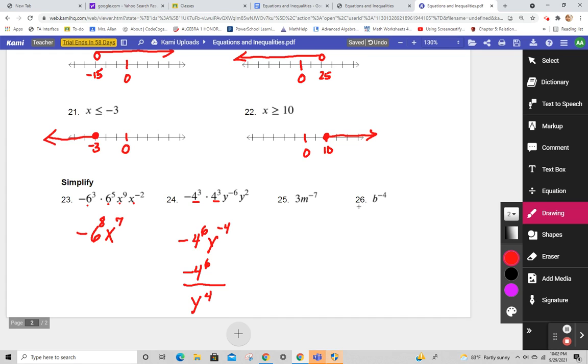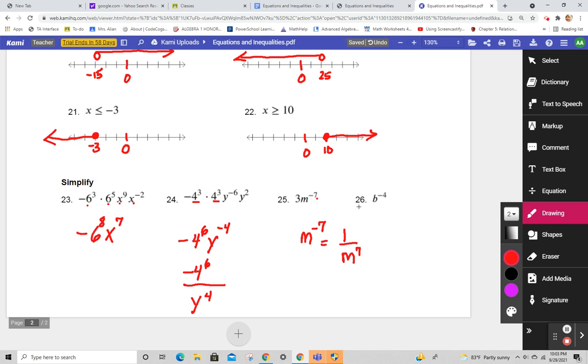All right, and same thing here. Again, negative exponents will switch sides. You can think about it this way. If we just had this to solve, that is the same thing as 1 over m to the 7th.